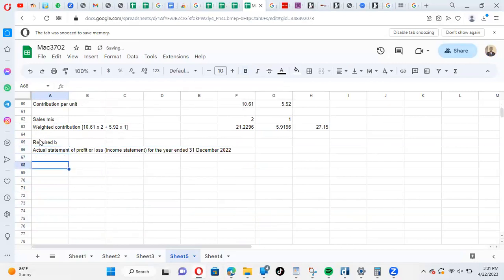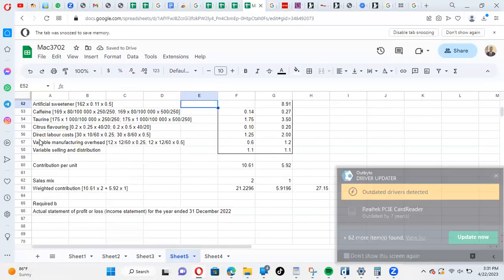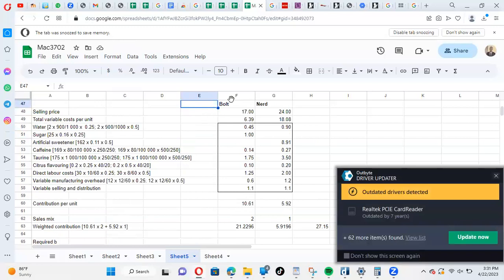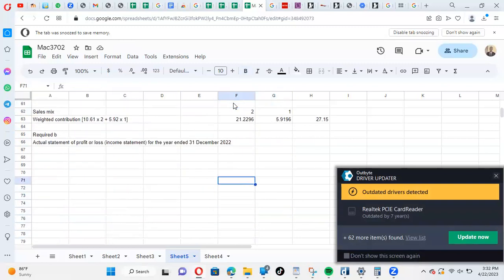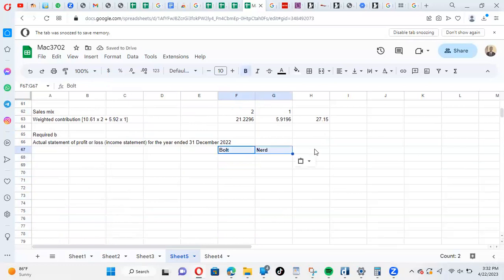Required part B. And then what are we going to need? We will need net and bolt, and then we will need a total.